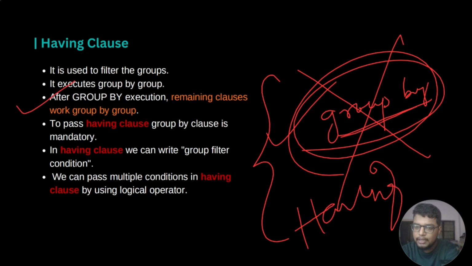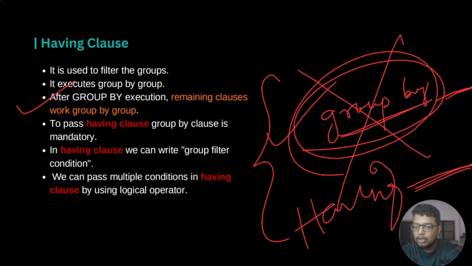We can use only the group by clause, that is fine, but if we have to use the having clause, we must use the group by clause. If someone says you can use the having clause without the group by clause, no, it is not possible. In the having clause, we can write a group filter condition. In the group by clause we provide some column or expression, and in the having clause we also provide some expression. This is nothing but a group filter condition.